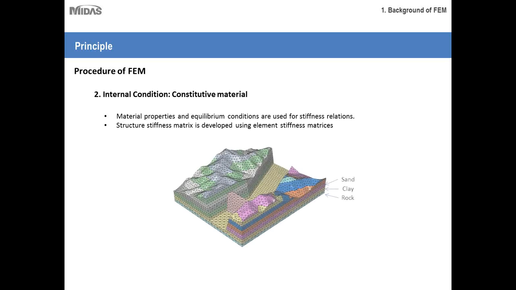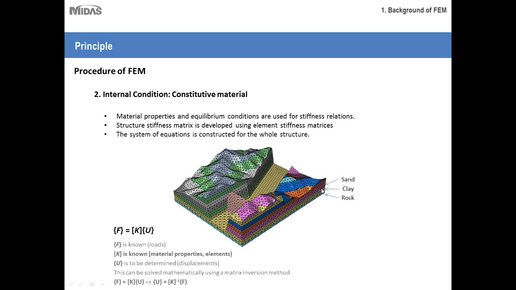What does that mean? Let's say you have done the discretization. Now you have to identify what the different layers are made of, and to these layers you apply the constitutive material model, which will form the stiffness matrix. The stiffness matrix is formed based on the element size and the behavior that you have assigned.